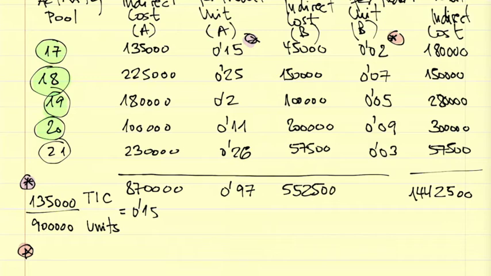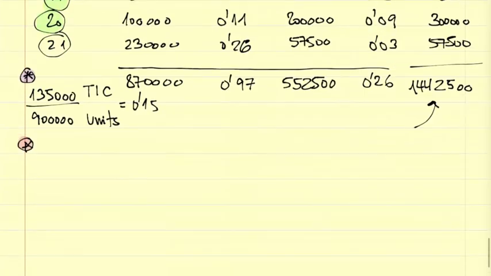We already knew this, and this is 0.26. So this is the total indirect cost of both products. Okay. Questions?